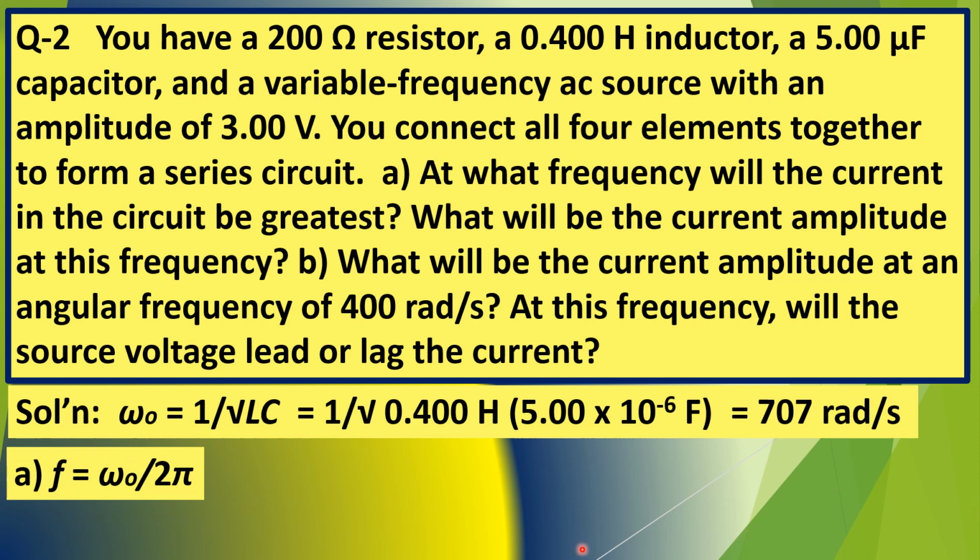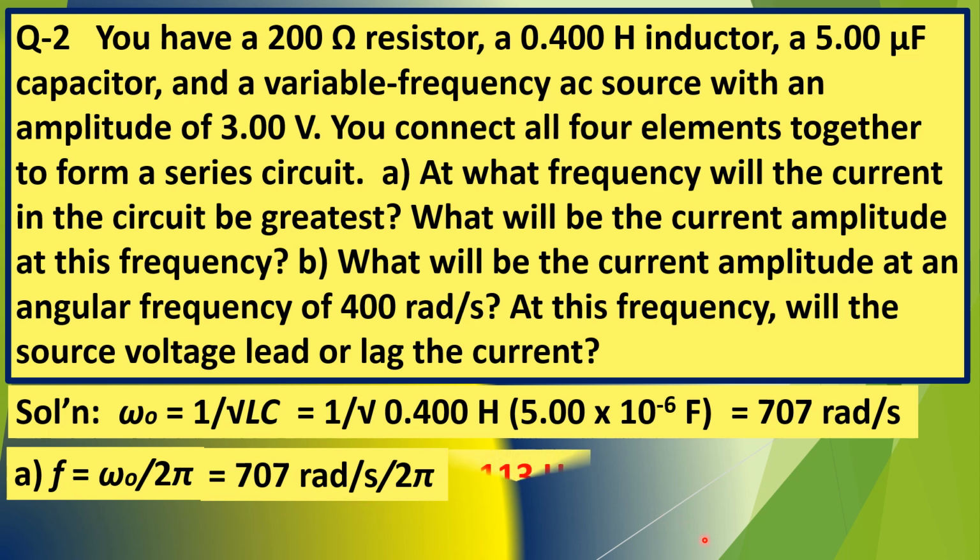And then we will determine the ordinary frequency, small letter f, which is just equal to the resonance angular frequency omega naught divided by 2 pi, or it is simply 707 radians per second divided by 2 pi, and simplifying, we get the value of the ordinary frequency, small letter f, equal to 113 hertz.